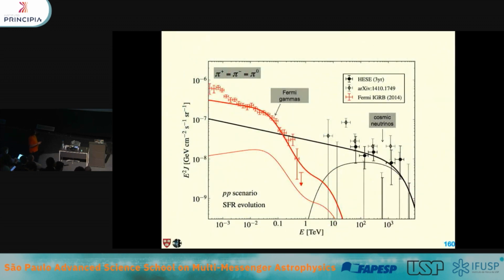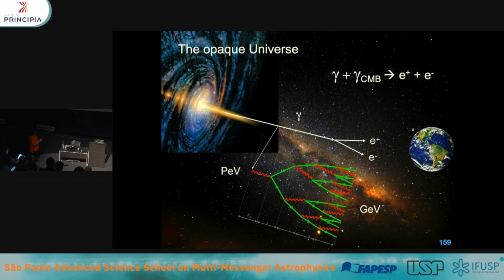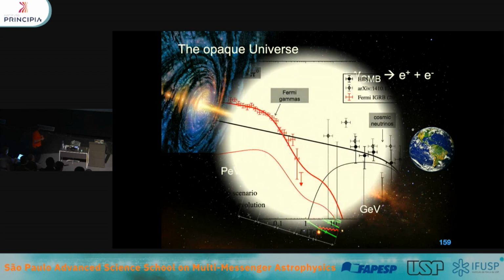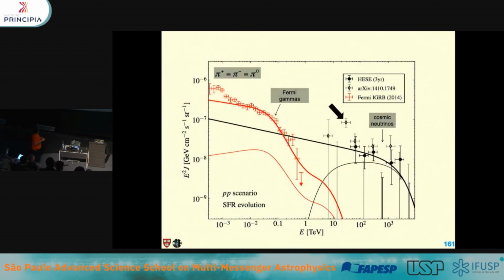And these gamma rays, however, do not just disappear. They are not just eaten up into space. They start electromagnetic cascades, so they're going to loop down to lower energies. And Armani is going to talk about that much more than me, so I'm just going to go through this fast. And so what you can do is you can assume that the astrophysical flux follows a power law given by this black line.